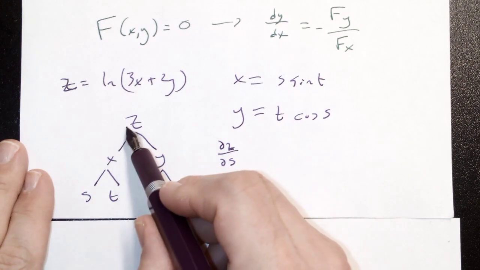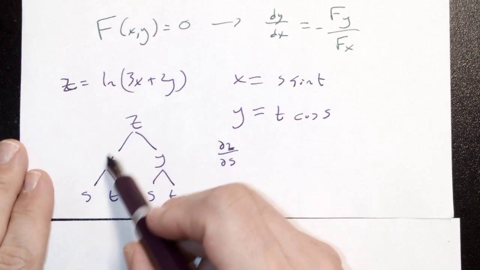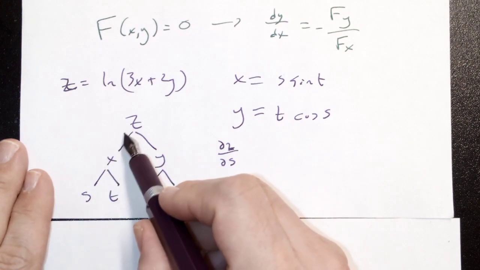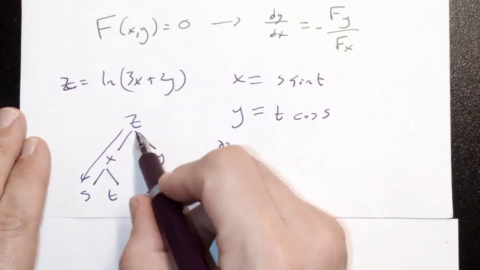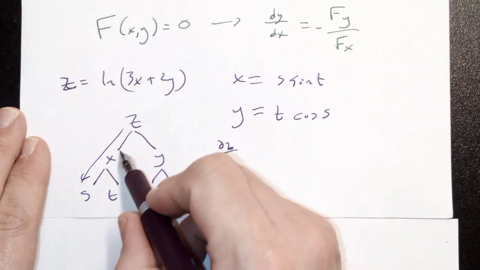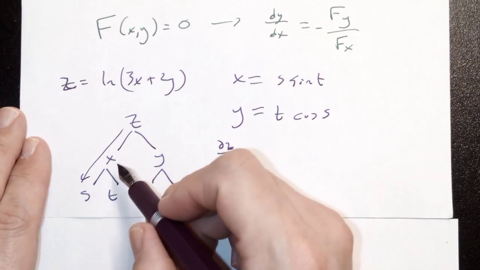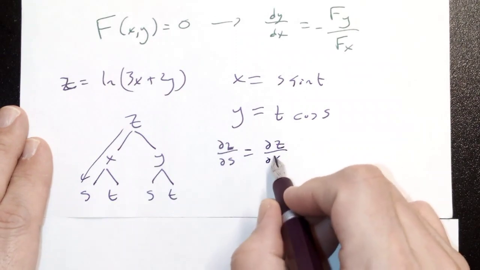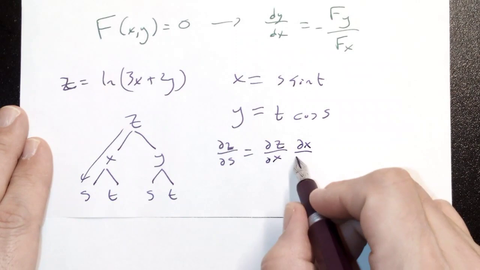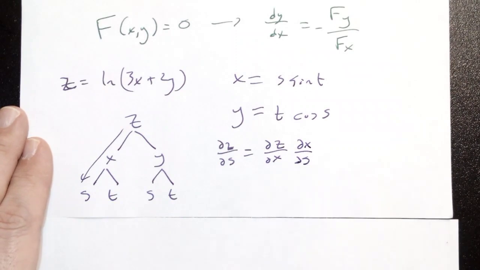So I go this way from z to x to s, right? Yes, none of those are just one line. They're all splits, which means I have to use partials. So I'm going to go dz/dx, dx/ds, but those are all partials.